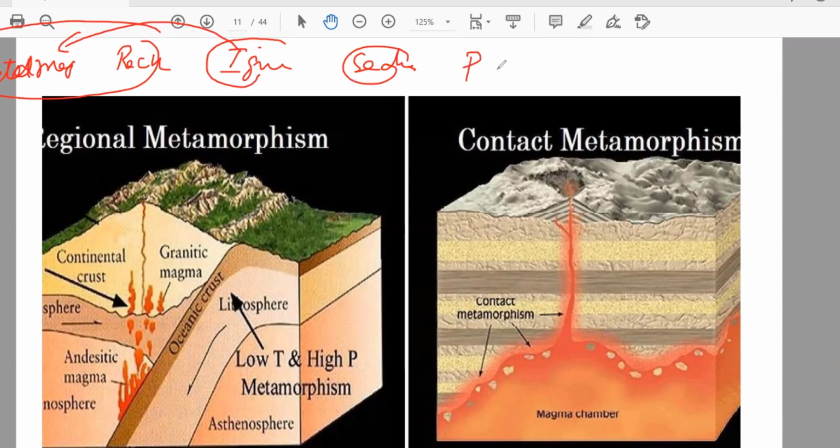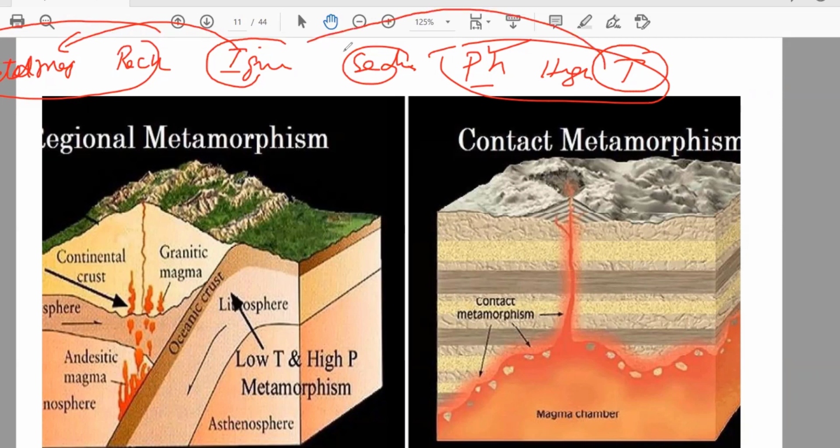They need high pressure or high temperature or both of them. High pressure only can make an igneous rock into a metamorphic rock, or high temperature can also change a sedimentary or igneous rock into metamorphic rock. So this is the way metamorphic rocks are formed.